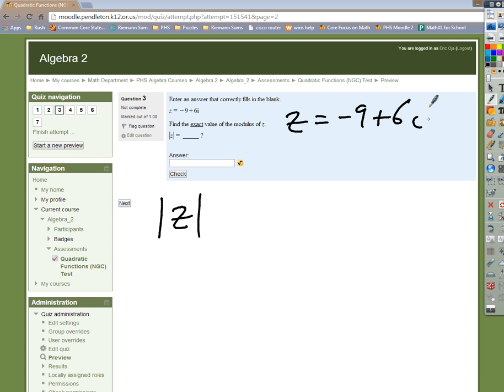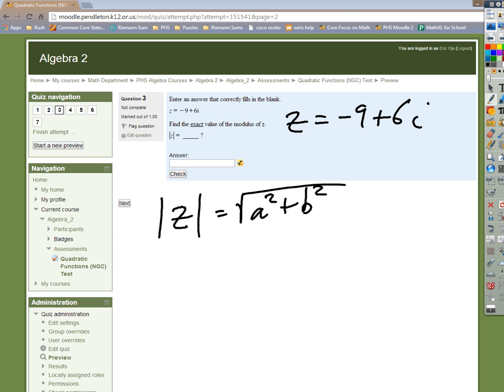Absolute value is one way to think of it, and that's what the book calls it, or the modulus. Remember what that is for a real number. It just means absolute value. But this is a complex number with an i value, right? So remember, what's the formula for modulus then? That's it. All it is is the square root of a squared plus b squared.